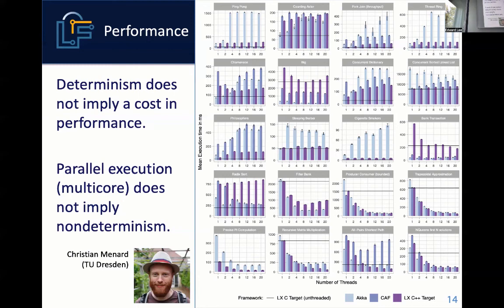But then there's others where that concurrent dictionary, again, the purple is our C++ target, you can see that the execution time increases with the number of cores for that one. It's not an uncommon situation. Many people just sort of naively assume if you add more cores to a problem, your program's going to run faster. Often it doesn't. It can even run slower, sometimes rather dramatically slower, because there's a big cost to the coordination across cores.